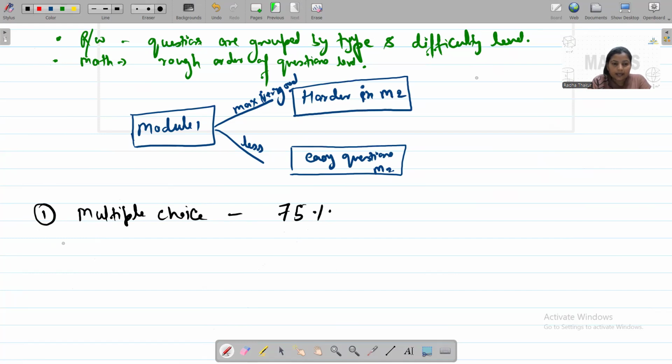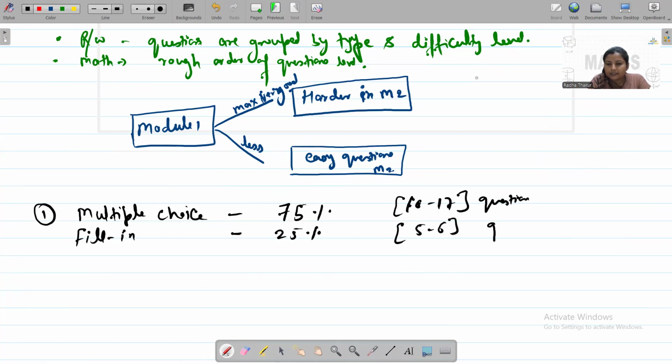Second is fill-in, that means fill in the blanks. In that case, you will get 25% of questions. That means around 16 to 17 questions are multiple choice, and 5 to 6 questions are fill-in.